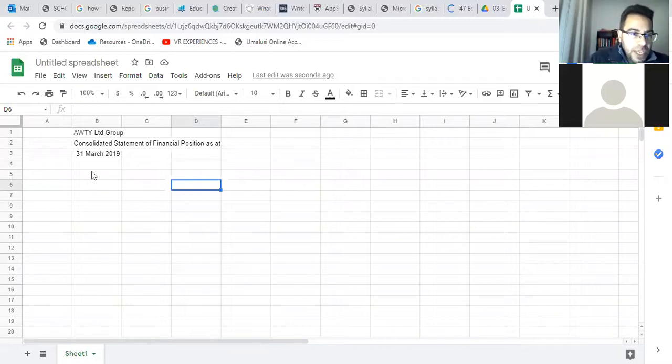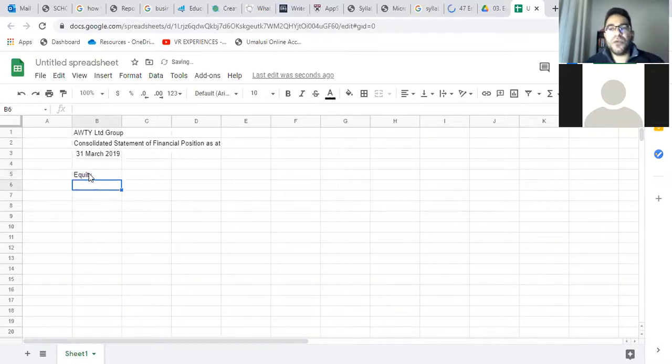So we're going to have equity. So your typical equity would be as follows: share capital, retained earnings. I'm going to include everything that we have covered so far, that you have been exposed to.